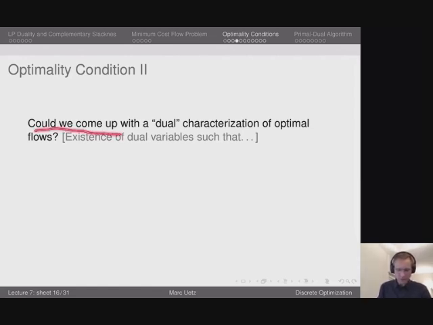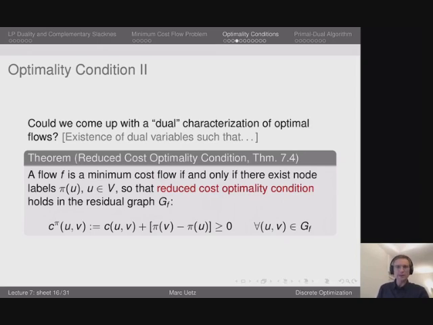So the question is, can we come up with a kind of dual characterization of optimal flows, minimum cost flows? So existence of dual variables with certain properties, namely complementary slackness. And that's exactly what we do. In order to formulate that, we say a flow is a minimum cost flow if and only if there exist node labels, which I will refer to as node potentials, pi of u for all the nodes in the graph, so that the so-called reduced cost optimality condition is fulfilled.